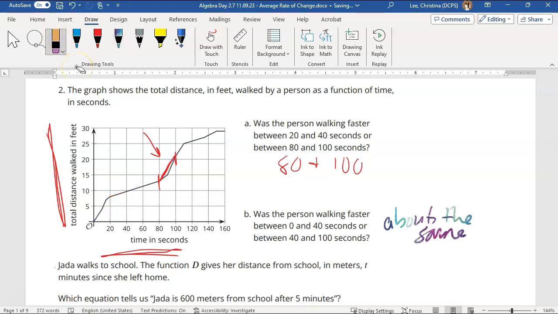Let me erase this just so we can see a little bit better. If we're looking at 0 to 40, and then we're looking at 40 to 100, if we were to actually calculate that slope, we could determine a little bit better. This is going this way, and then this is going this way. So they're actually about the same.